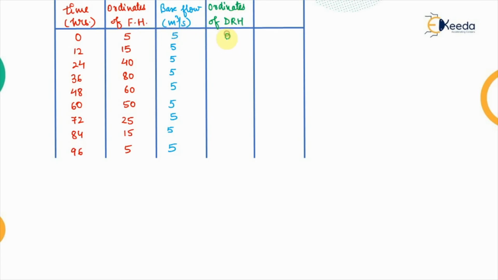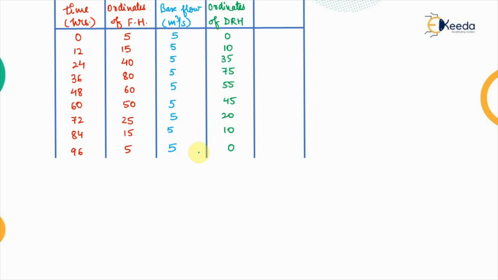So 5 minus 5, that is 0, then 10, then 40 minus 5, that is 35, then 75, 55, 45, 20, 10, and then again 0. These are the ordinates of the direct runoff hydrograph.